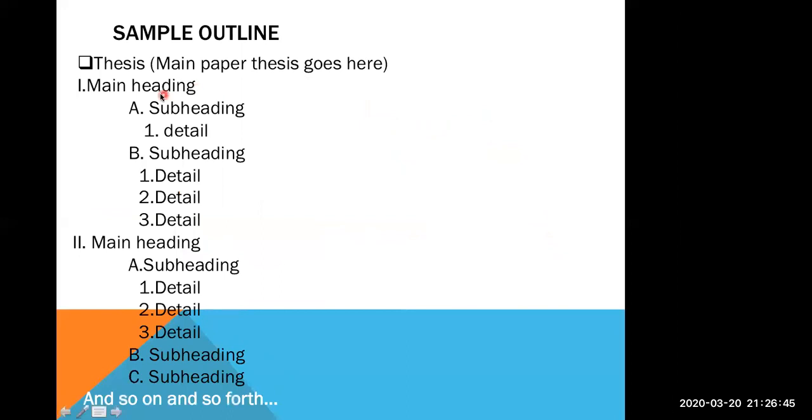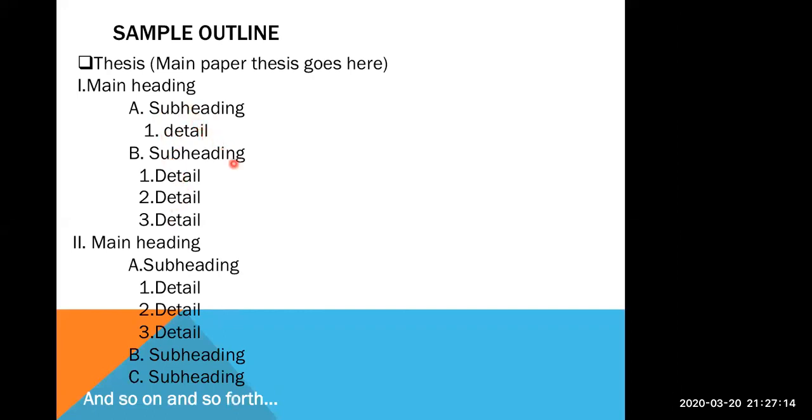The main heading, as you can see here, is subdivided into subheading 1 and subheading 2, labeled I.A and B. Under each subheading, you need details. Detail 1, detail 2, 3, etc., depending on the topic in question and on the complexity and depth of this topic. As you can see here, for example, B takes 3 details while A takes 1 detail.